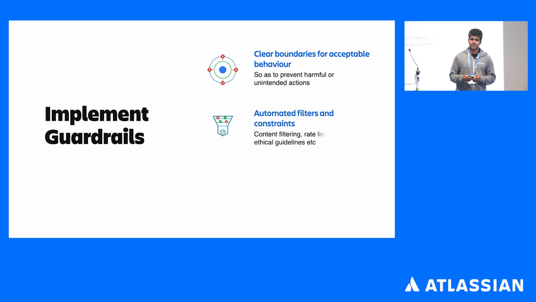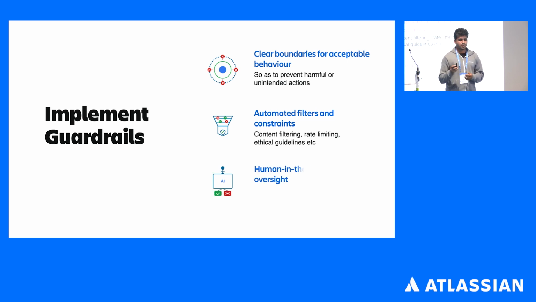Another way of implementing guardrails is using automated filters and constraints. For a chatbot, you can mention in the prompt that the chatbot is not supposed to respond in offensive language or provide misinformation. So you can incorporate that into the guardrails.